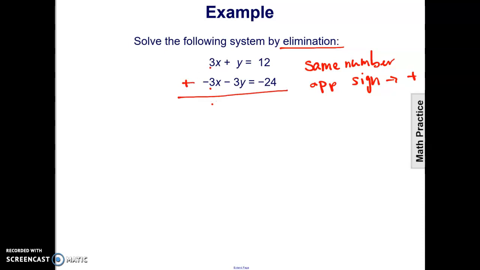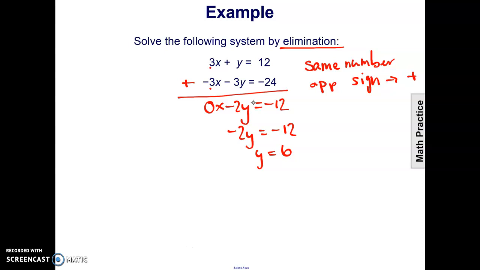3x plus -3x leaves me with 0x. y plus -3y gives me negative 2y. 12 plus negative 24 gives me negative 12. This 0x is just a placeholder. I don't need to keep that. Negative 2y equals negative 12. Dividing by negative 2 on both sides, I get y equals 6.